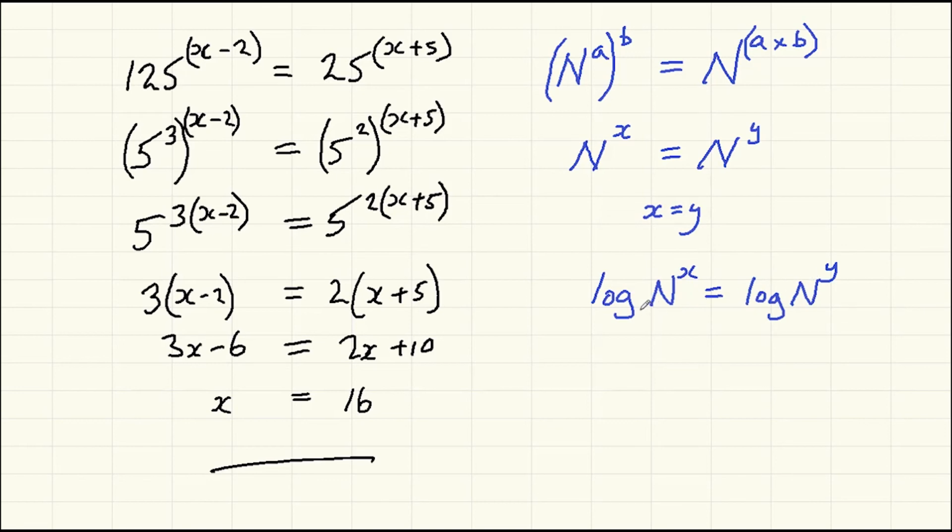If our base we choose n, and we bring the x down, we end up with x log n of n equals, bringing the y down, y log n of n. Now log n of n is 1, so this basically disappears, and we're left with x equals y.